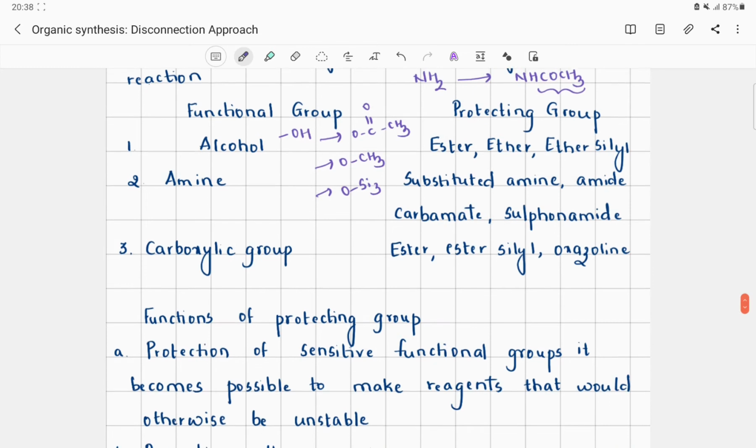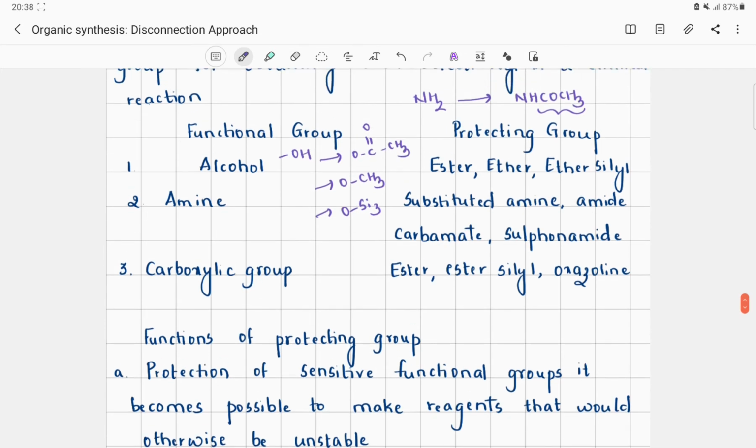Amine can be seen as a substituted amine. Just now we have seen an acetyl group. The NH2 group can be converted to an amide system, NHCO. This is an amide system. It can be converted to a carbamate system, or to a sulfonamide system.